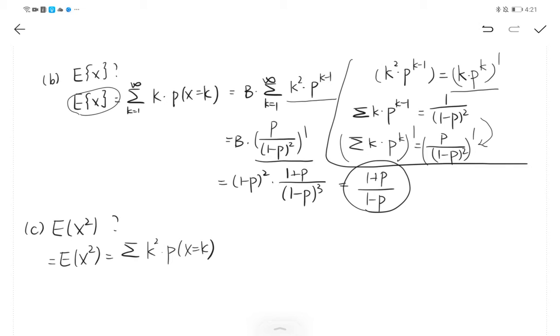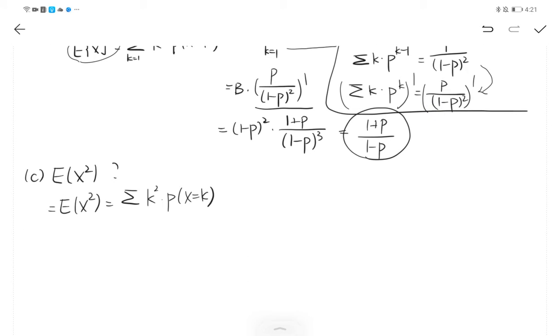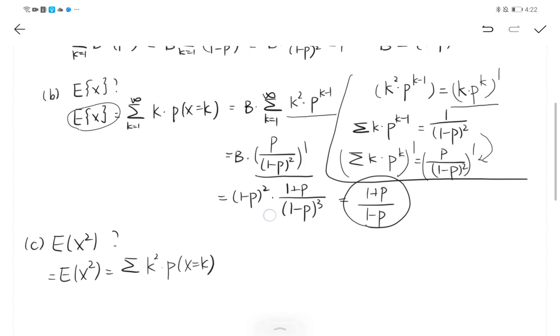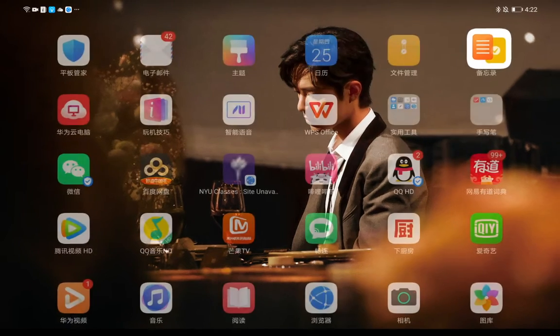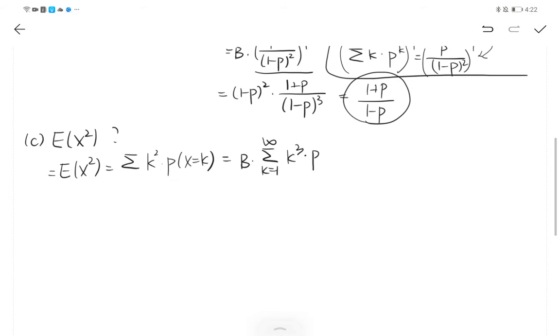From problem B, we know that this equals b multiply the sum of k to the power 3 multiply p to the power k minus 1.